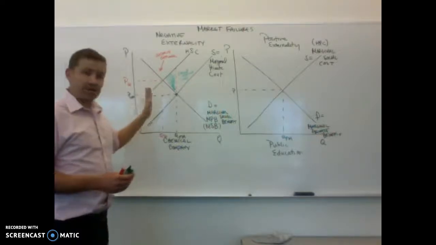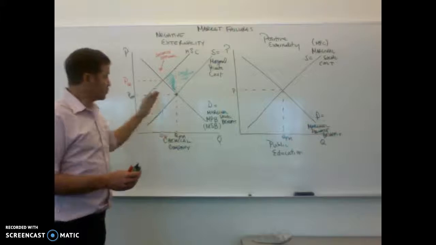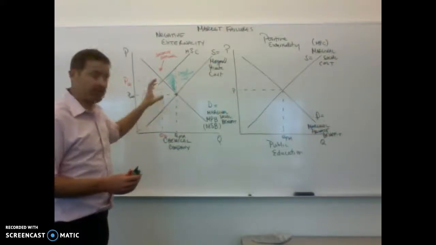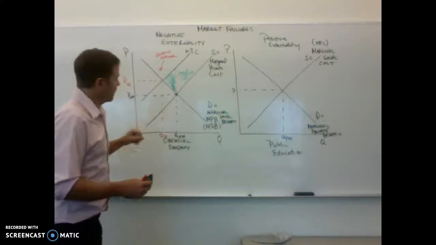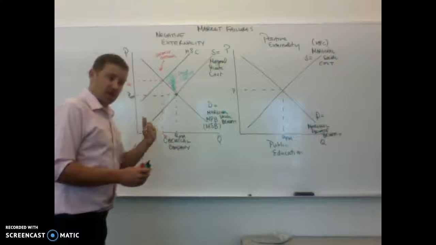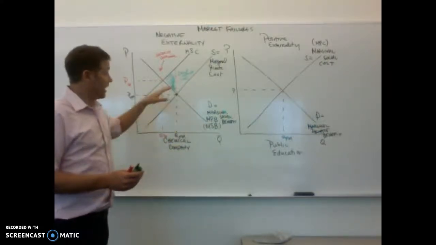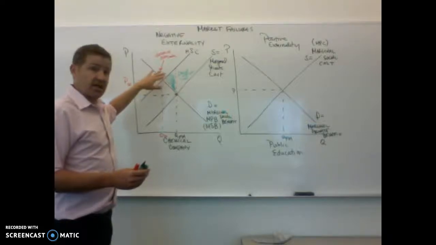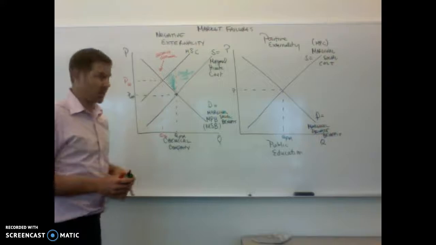There are too many people purchasing chemicals at too low a price, and so there are people in the market that should not be there. And so deadweight loss works both ways. It can either be created by taking people out of the market who should be there, or it can exist because too many people are in the market and we have to figure out a way to get them out, right?